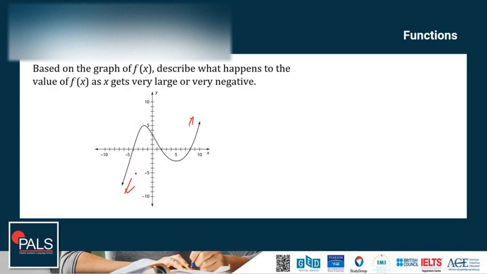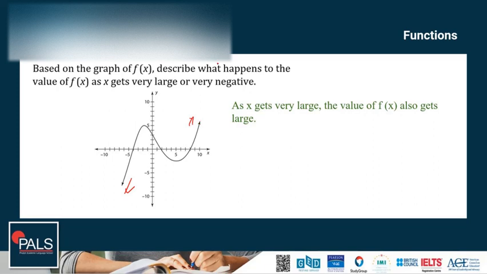Now, as x gets very large, the value of f of x also gets large, because from 8 going up, 9, 10, 11, the values of the function are going up.